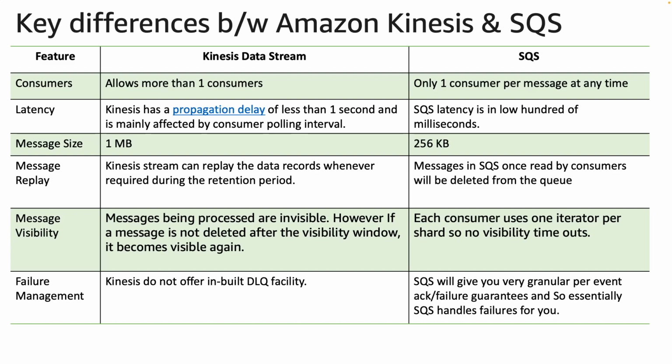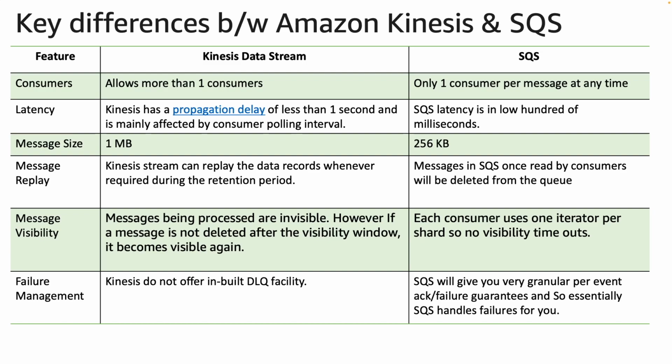In failure management, Kinesis does not offer any inbuilt dead letter queue facilities. However, SQS will give you very granular per event acknowledgement of failure guarantees. So if you want that kind of guaranteed delivery, then SQS will be the right service for you. If you don't need a dead letter queue facility, Kinesis will be suitable.